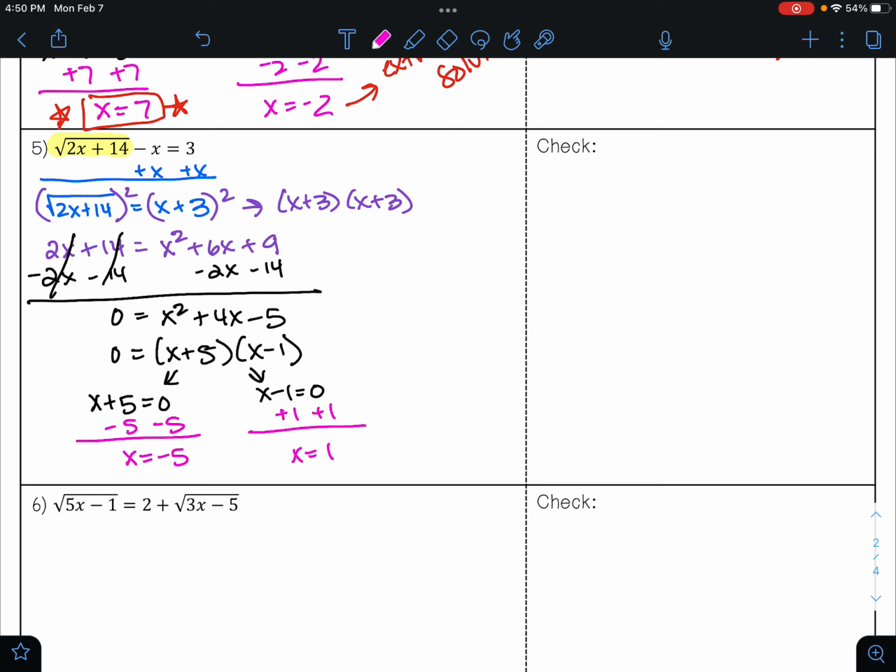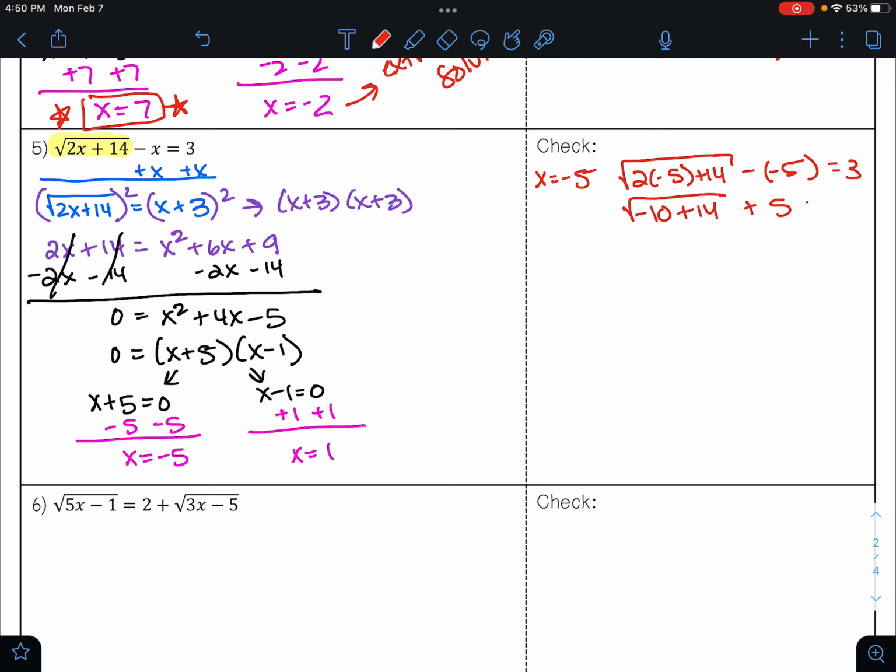So from here, I have two solutions that I need to check. Let's start off by checking x equals negative 5. So when I do that, I'll have the square root of 2 times negative 5 plus 14 minus negative 5 equals 3. 2 times negative 5 is negative 10.